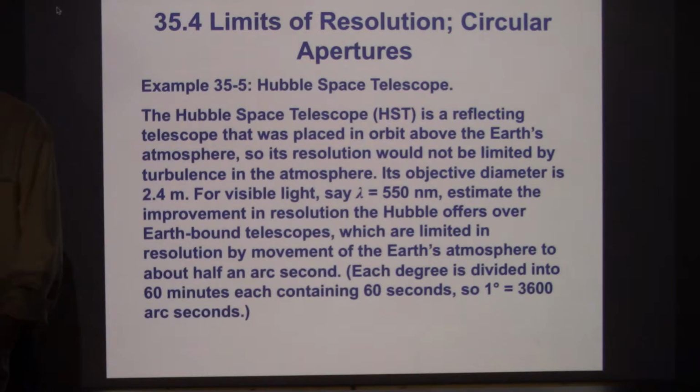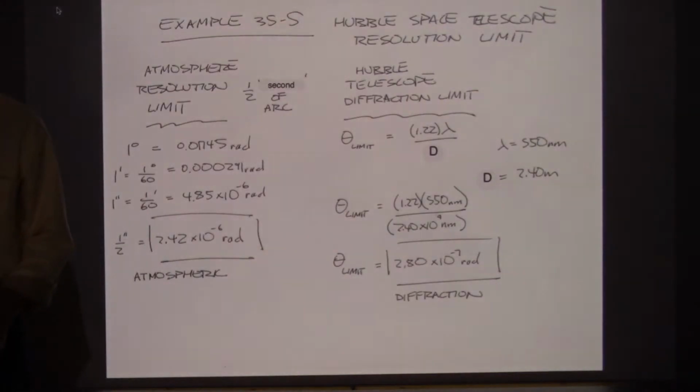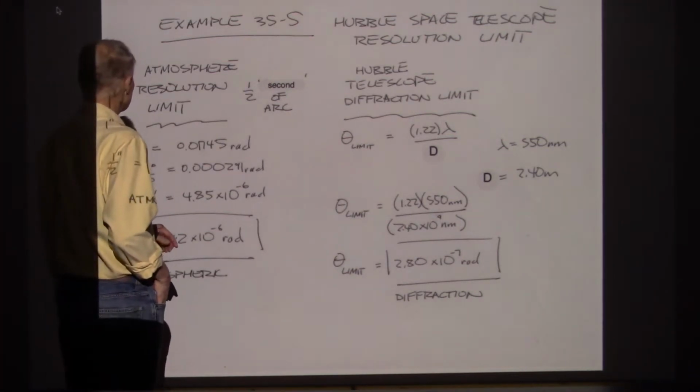So the diameter here is 2.4 meters, and let's see what kind of limits to resolution we have. Now, this is a telescope, and what we're trying to do is image objects that are very, very far away, and very close to each other.